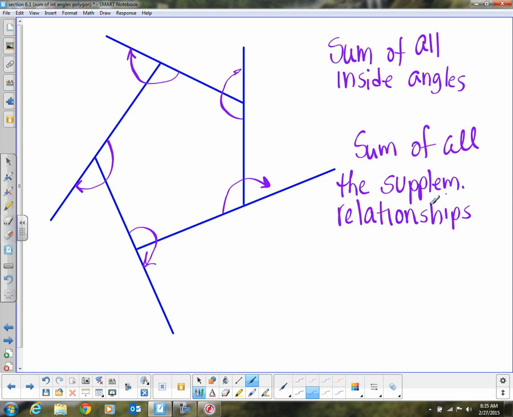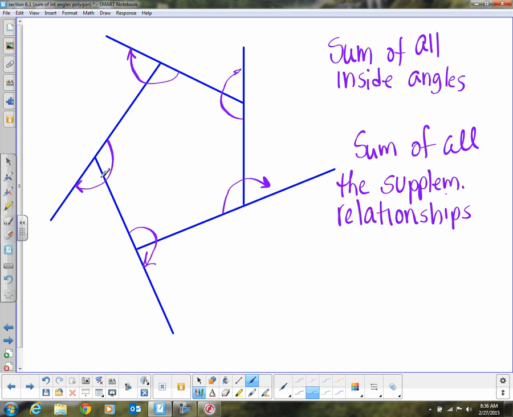How many supplementary relationships do you have, Wendy? Well, count them. Do what I did. It's easier to count them if you mark them.